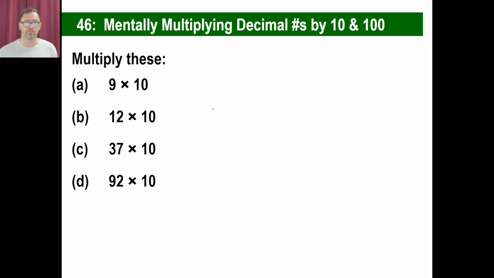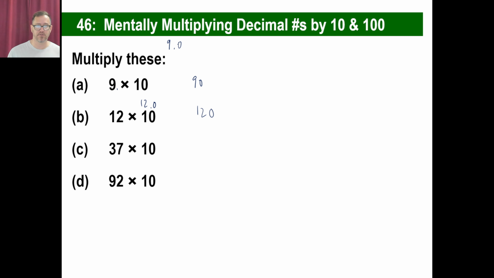Okay? Multiply these. This is something different. This is one of the tricks that are going to help you do things faster and get math over with. Okay? Multiply 9 times 10. It's 90, right? We know that. All right? 12 times 10, we know that multiplication table, 120. Now, if you notice, when you're multiplying by 10, and 9 has a decimal right here, right? You might want to think of it as 9.0, or this could be 12.0.